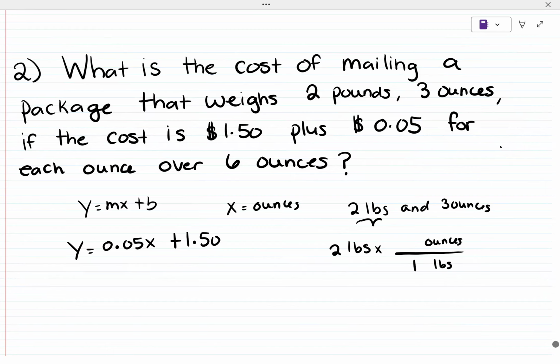For 1 pound, there's going to be 16 ounces. And then multiply across, so 2 times 16 is 32 ounces. And on the bottom, it's just one. Now, you want the total amount of ounces, so it's 32 plus 3, which is 35 ounces.